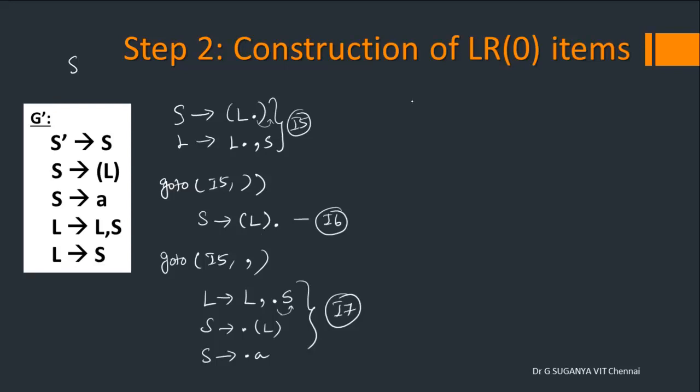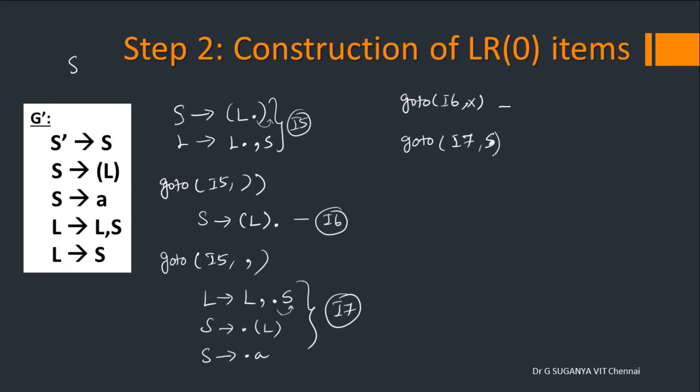And I5 we have completed, and go to of I6, any symbol will be equal to hyphen because it has only one item with dot in its last position. Now go to of I7, comma, what is the first symbol?